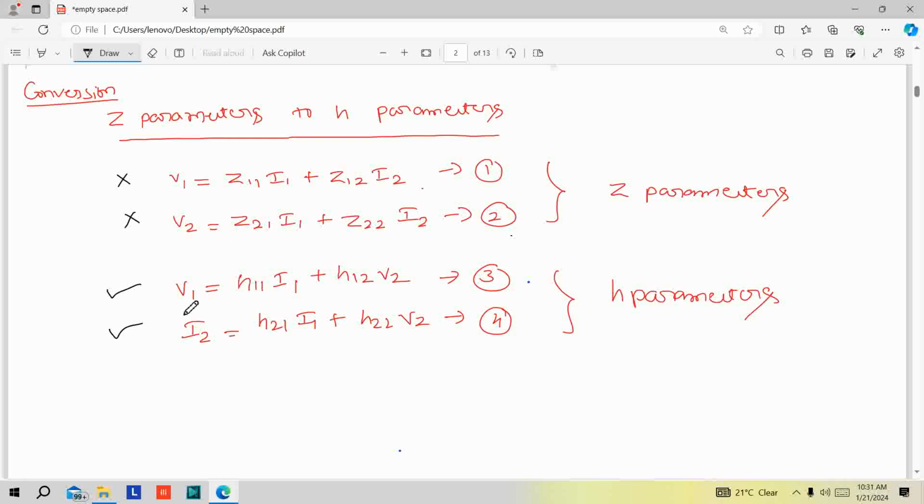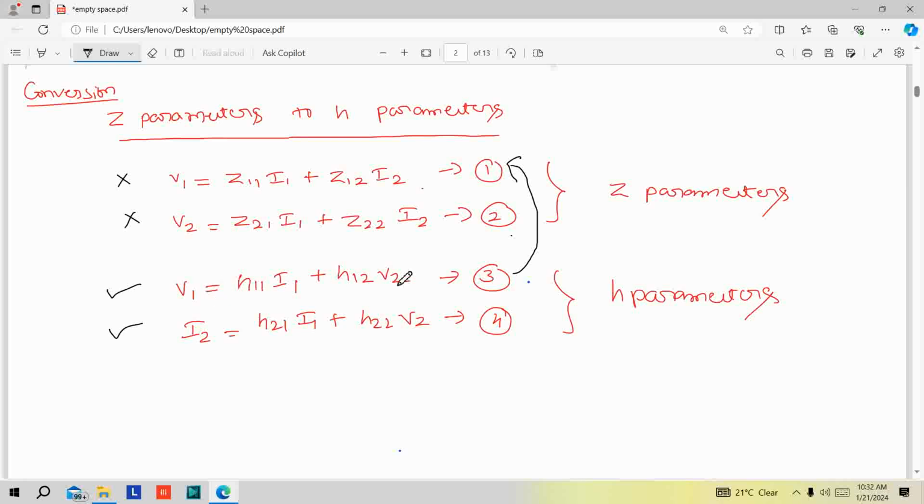So here we need to compare equations 3 and 4 with 1 and 2. First I compare equation 3 with 1 and 2. All the current and voltage variables should be the same; only then do you alter that equation.